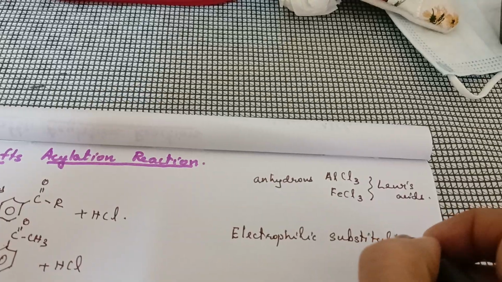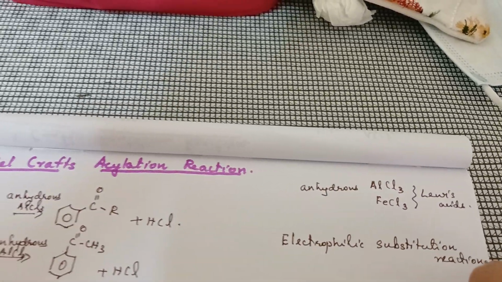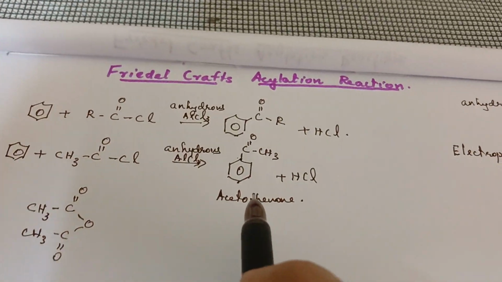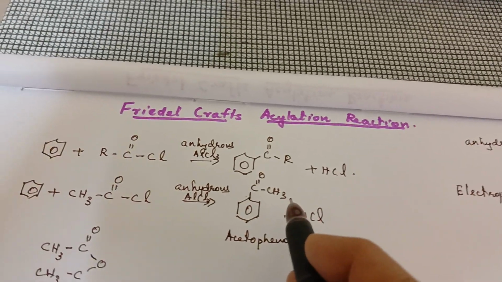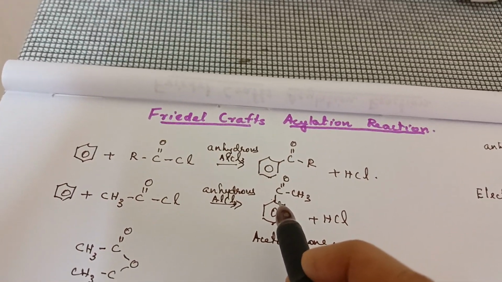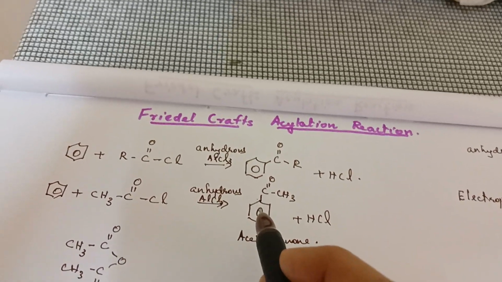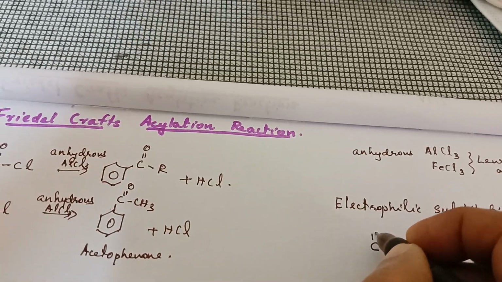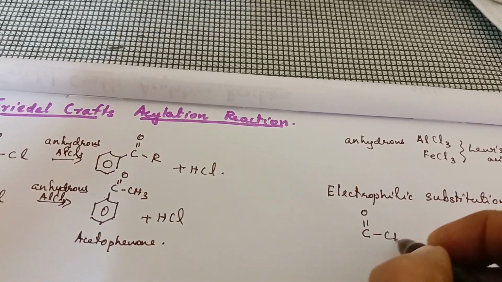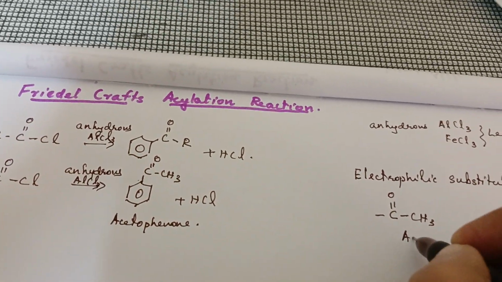Here you can see that it is C double bond O CH3 which is getting substituted. A hydrogen on the benzene ring is getting replaced by this group, that is C double bond O CH3. Now this is called the acyl group.